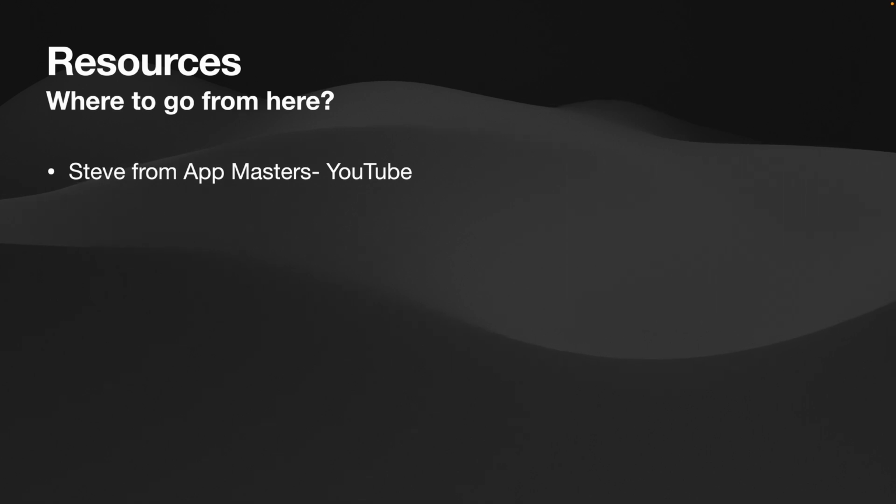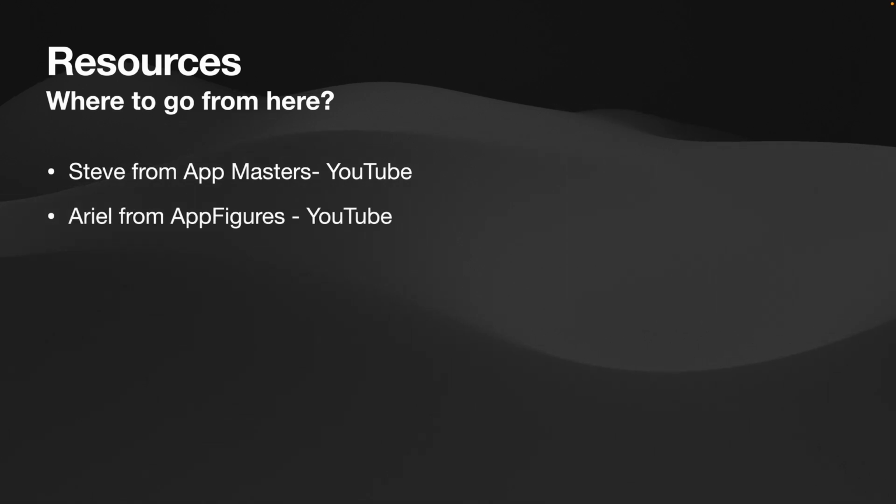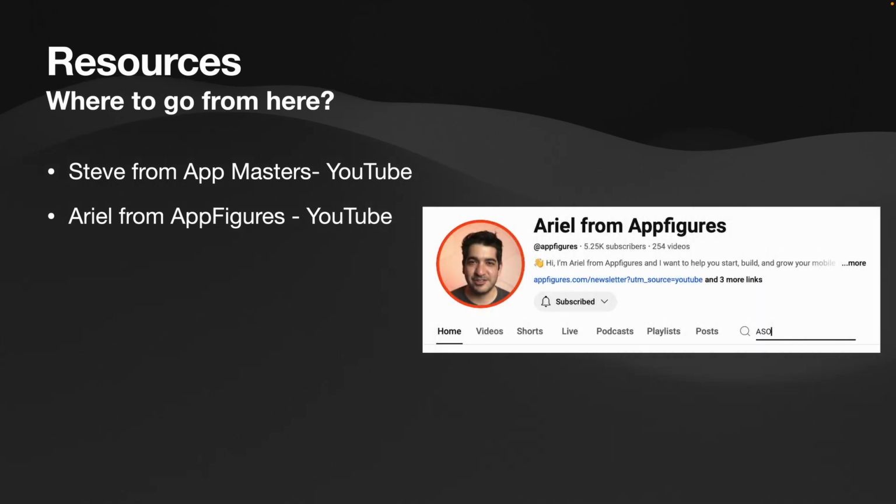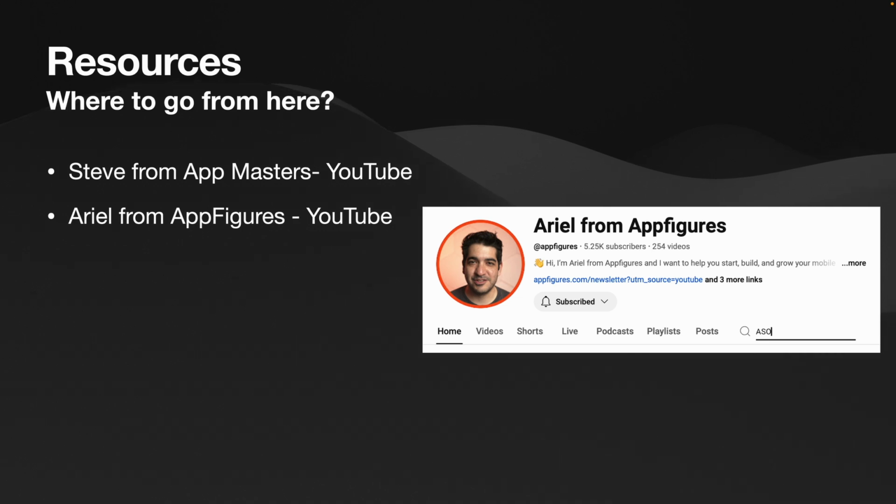Next, also from YouTube, is Ariel from App Figures. App Figures provides a lot of statistics for your app and your competitors' apps. It has a very good ASO tool, and Ariel is very experienced in using their own tool, App Figures, to optimize for ASO. Even if you use a completely different ASO tool, you should still be able to learn a lot from Ariel.